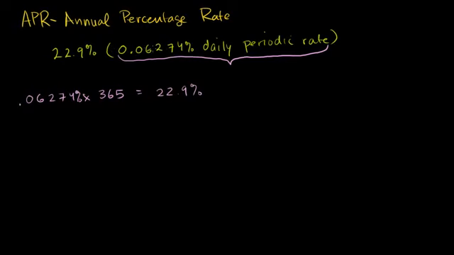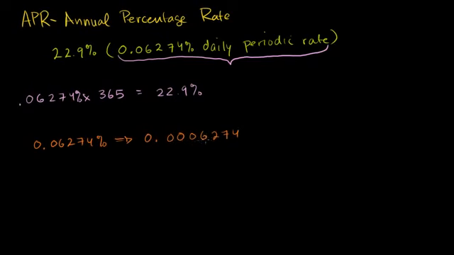So let me write that as a decimal. 0.06274%, as a decimal, is the same thing as 0.0006274. These are the same thing, right? 1% is 0.01, so 0.06% is 0.0006 as a decimal.